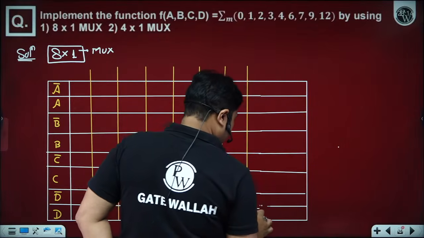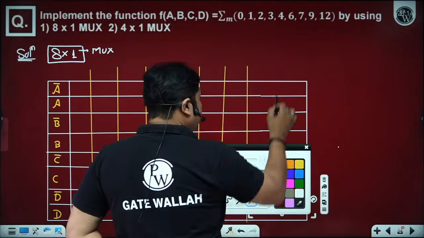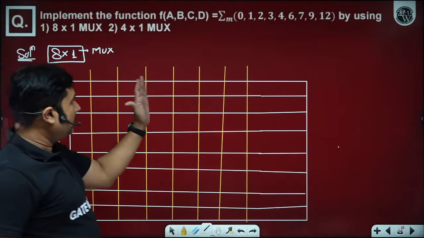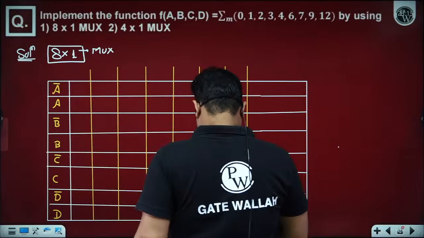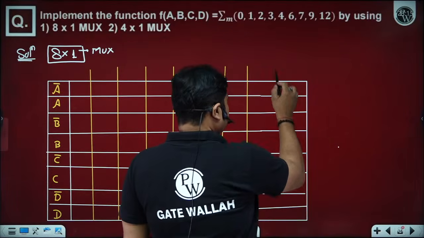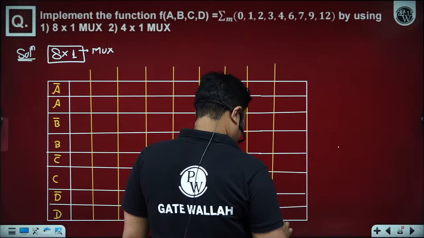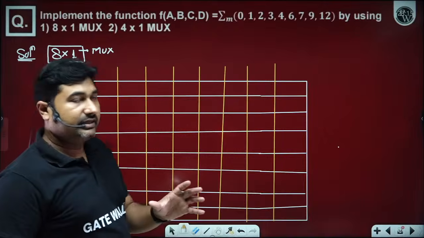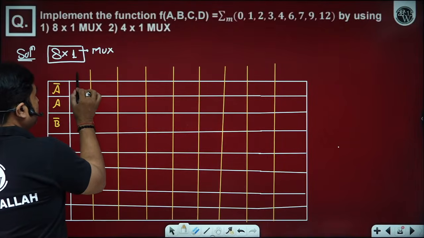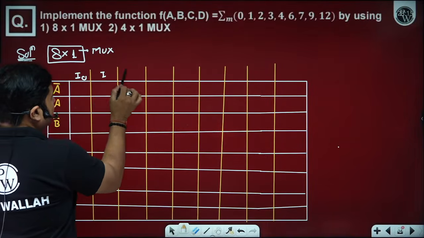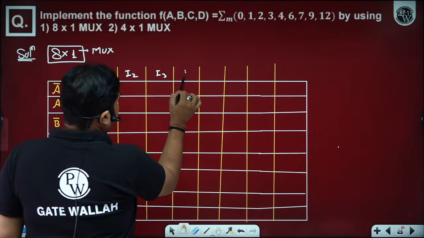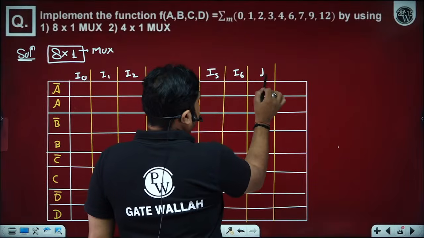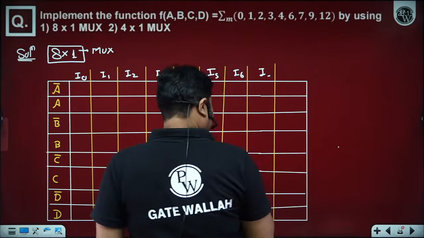Okay. I'm about to conclude this topic. So we have I0, I1, I2, I3, I4, I5, I6, I7. Okay. So 8 cross 1 will have total possibilities of 8.